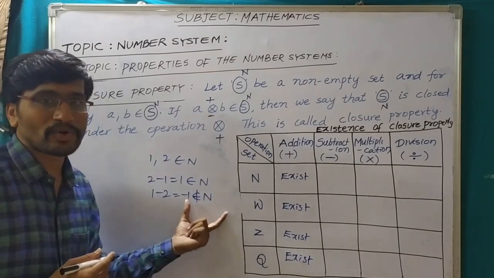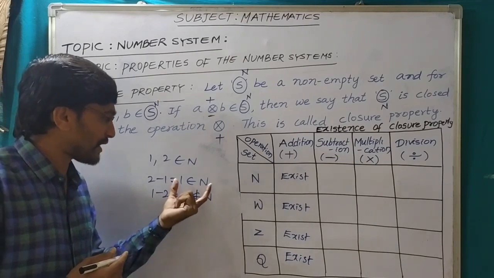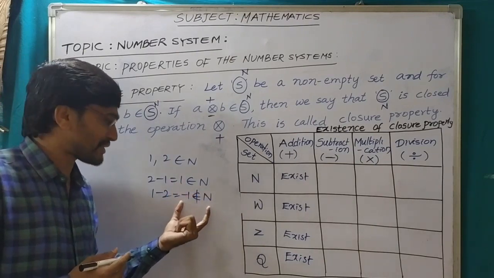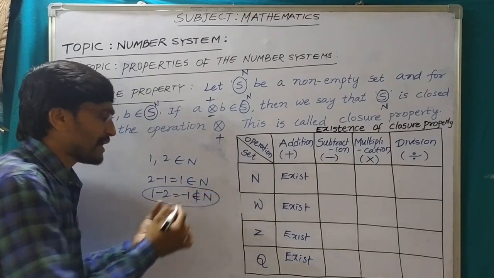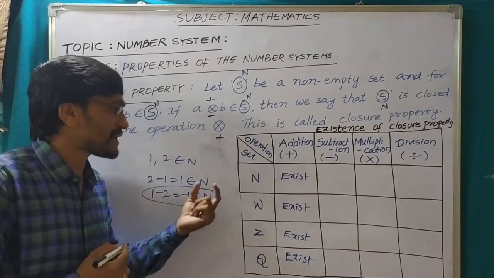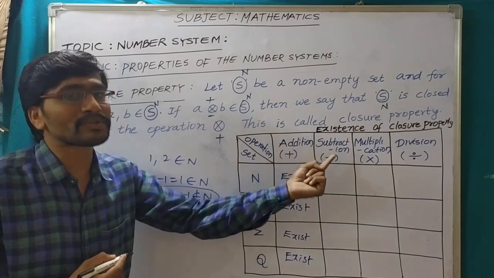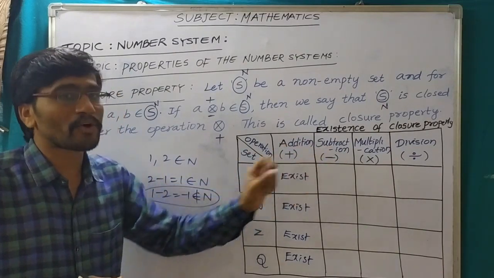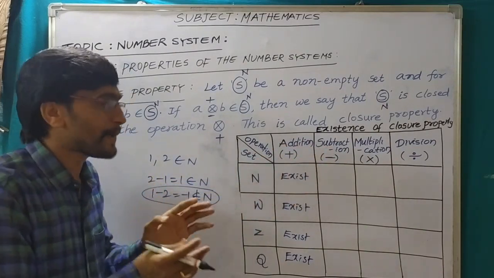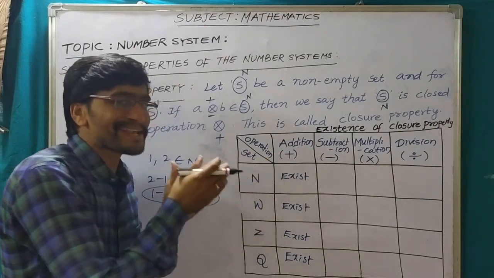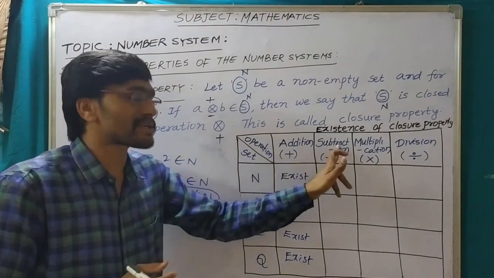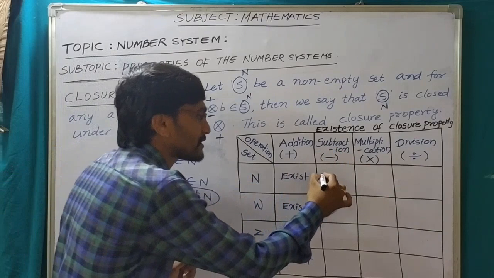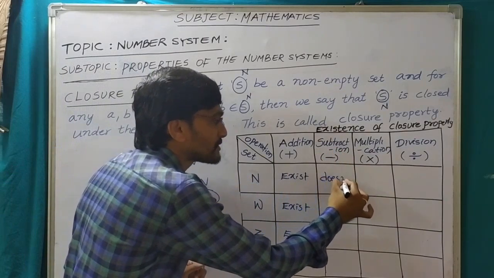No. Minus 1 is not a natural number. So here 1 and 2 are natural numbers, but for this operation the result does not exist in the set. So we can say natural numbers are not closed under the operation minus. So the closure property does not exist for natural numbers under subtraction.